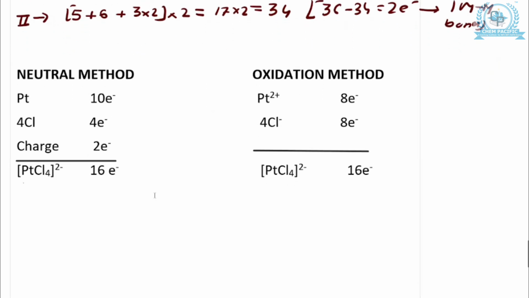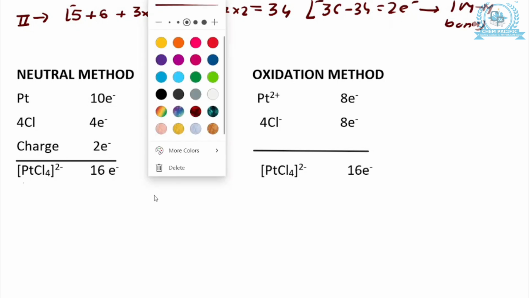I already informed you that while calculating the 18 electron rule, there are two methods: the neutral method and the oxidation method. The neutral method is very convenient and results in fewer mistakes. So we always follow the neutral method, but you must know what we mean by the oxidation method. See students, in the case of the neutral method, what happens?